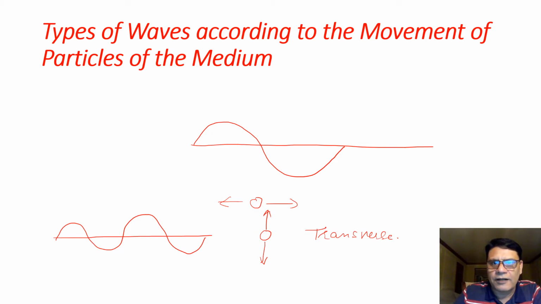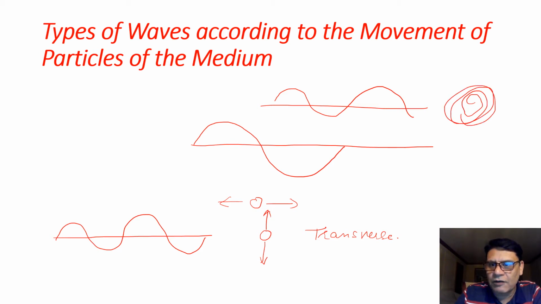And there is a third type of wave that, when it passes through a medium, makes the particles of the medium move in a circular fashion. These are called surface waves, and water waves are one example of a surface wave.